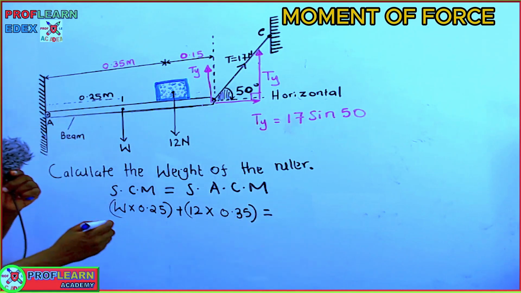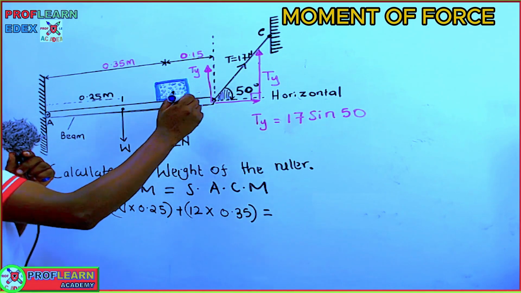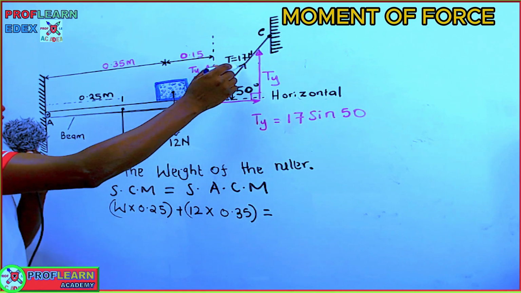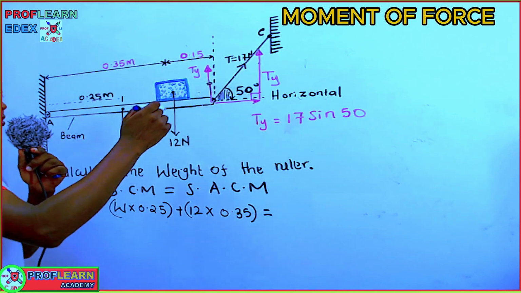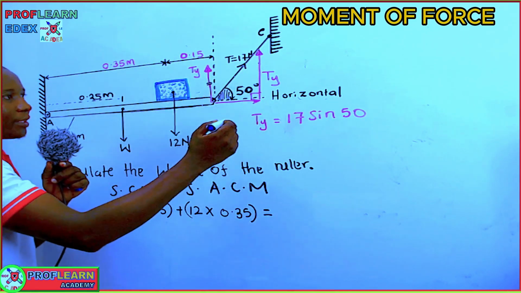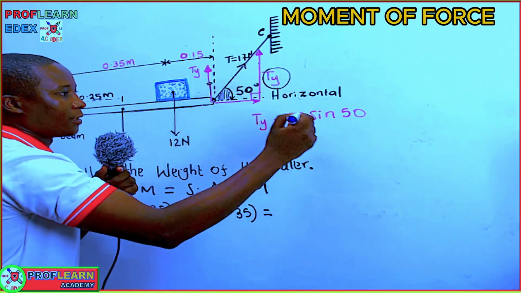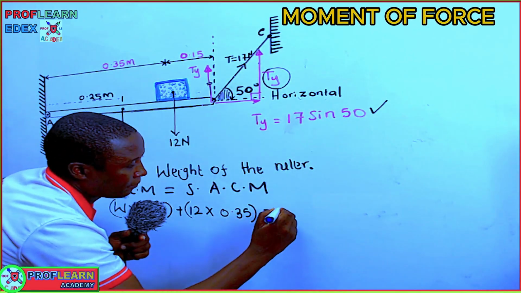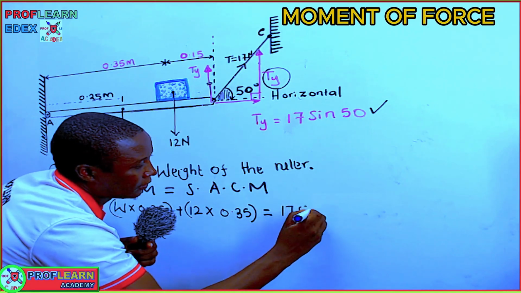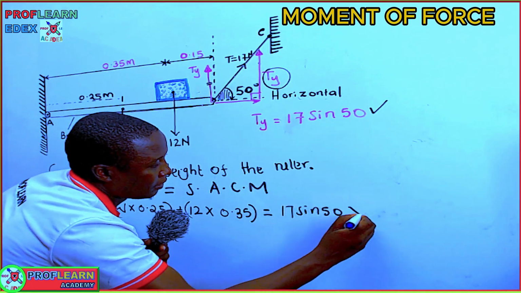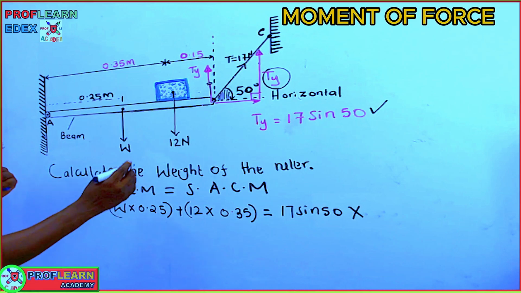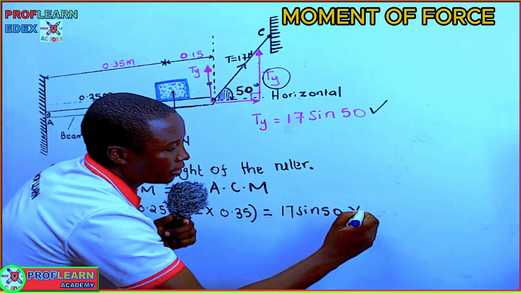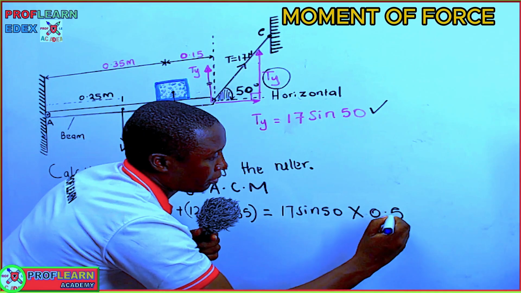This should be equal to the anti-clockwise moment. The force giving the anti-clockwise moment is the tension force in the vertical direction, Ty, which is 17 sine 50 multiplied by the perpendicular distance to the pivot, which is 0.5.